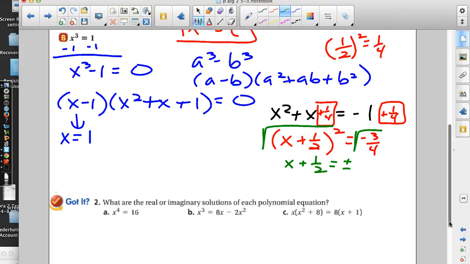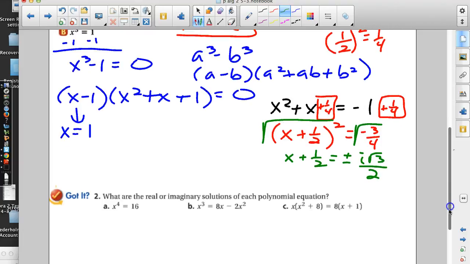Square root of negative 3. How are we going to have to write that? Square root of 3 i, or i square root of 3, however you're comfortable writing it. Square root of 4, that worked out nice. 2. So now all we have to do is subtract 1/2 from both sides, and we'll have it.